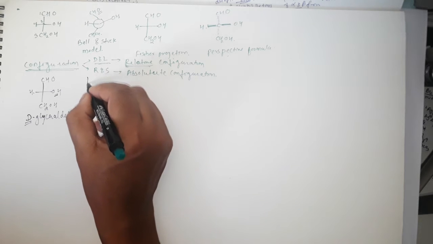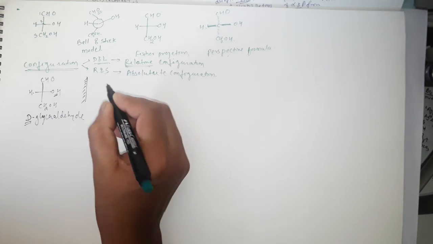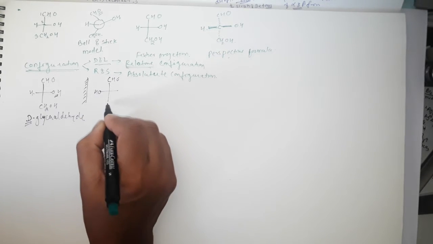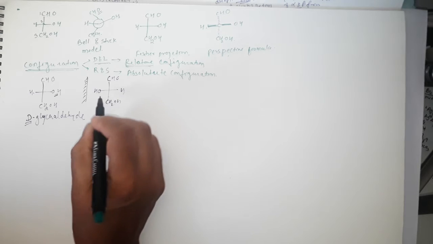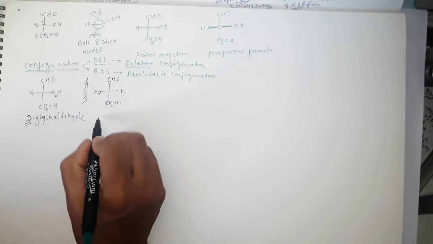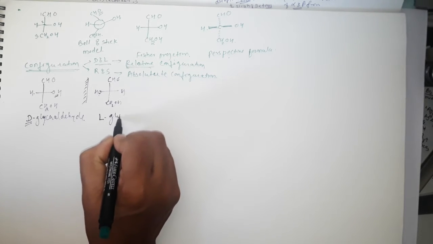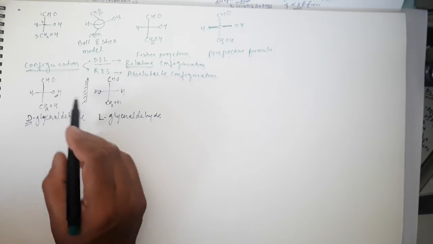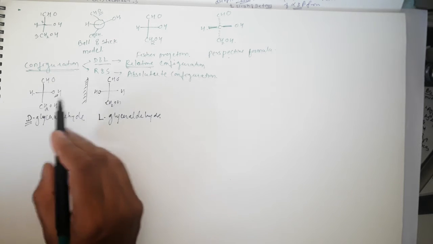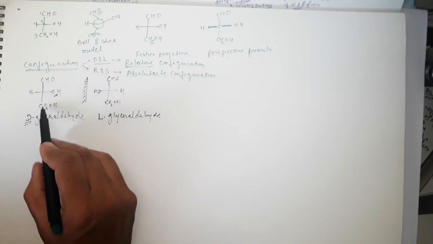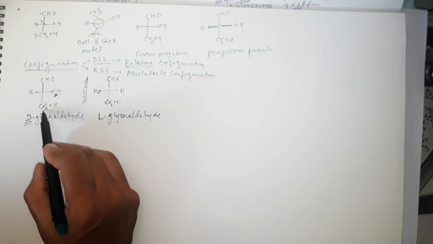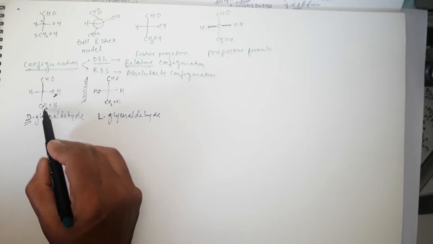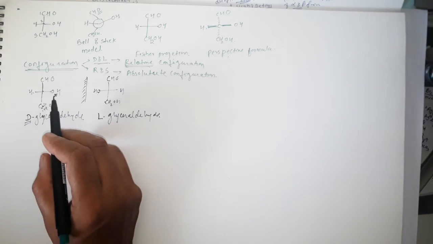We can draw its mirror image, here with the OH group on the left hand side. So, it is L-glyceraldehyde. Only in terms of right and left, you consider the OH group which is near to the CH2OH, or the last OH group attached to the CH2OH carbon.